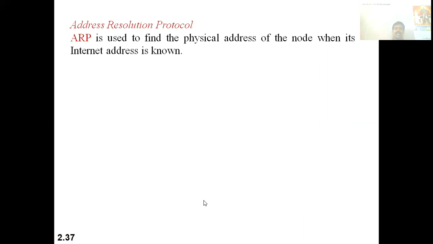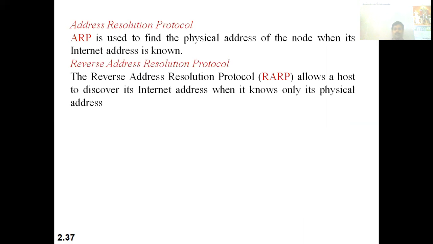Now next one is the address resolution protocol. ARP is used to find the physical address of a node when its internet address is not known. What is the use of the address resolution protocol? It is used to find the physical address of a particular node when the internet address of that node is not known.